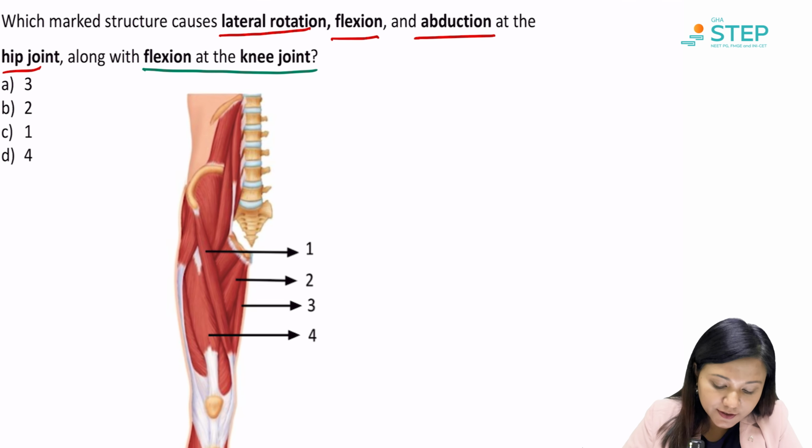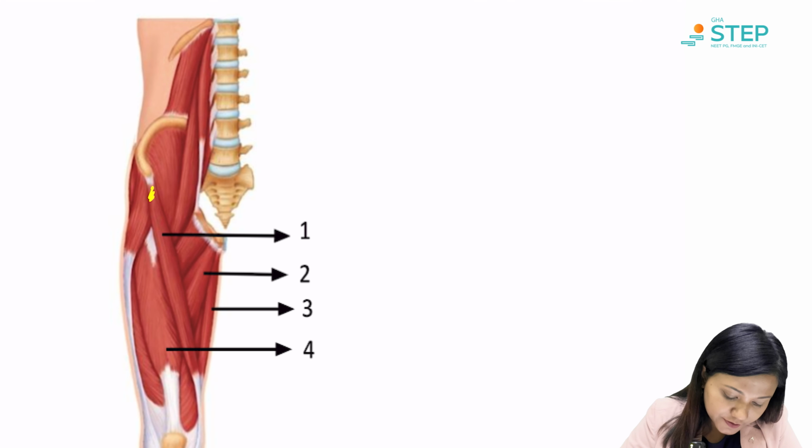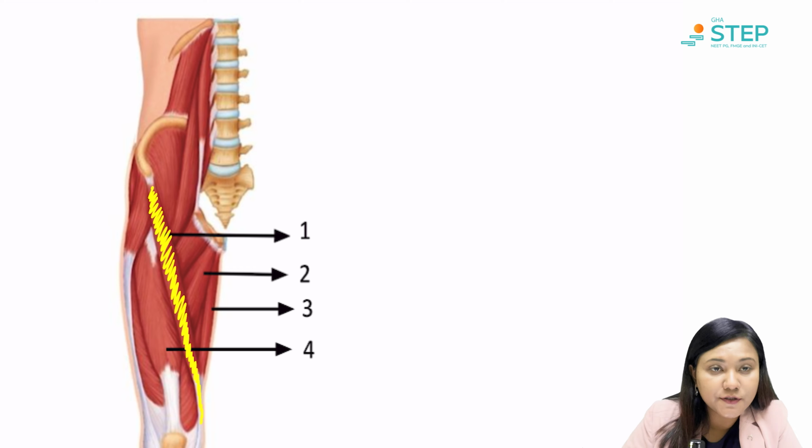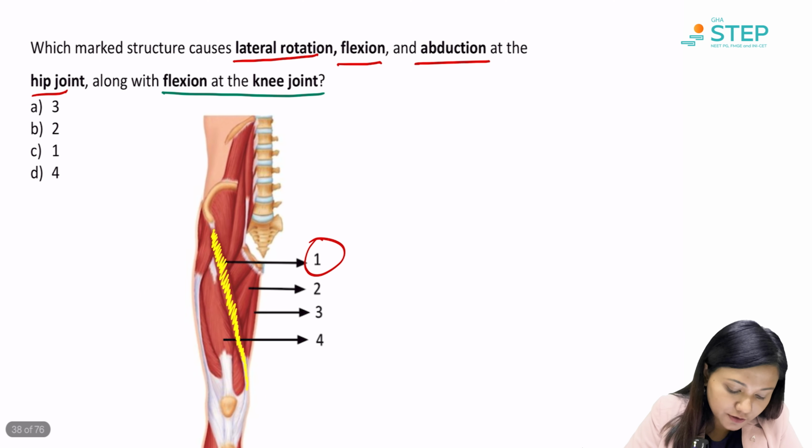All these things are done by the sartorius. This muscle, which starts from the anterior superior iliac spine and inserts on the medial surface of the tibia, is your sartorius, and the option is 1. So the answer here will be 1.